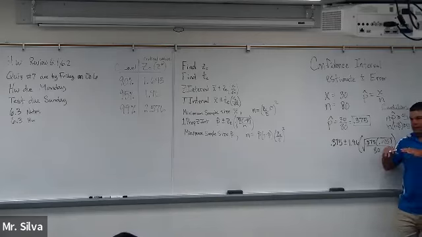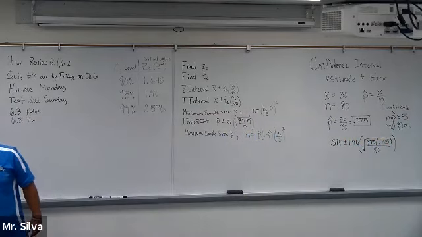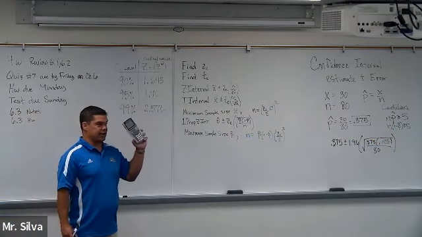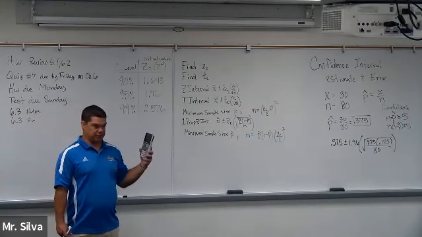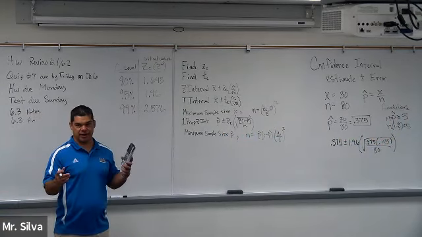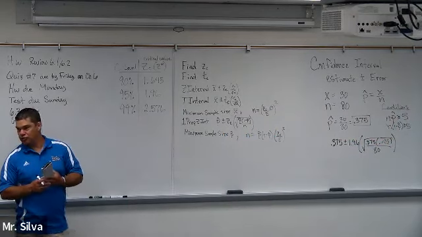The rest is doing some computations on the calculator. In order to simplify things on the calculator, I tend to just do underneath the square root sign first, multiply by 1.96, get that margin of error. And then at the end, I'm going to add and subtract my values.